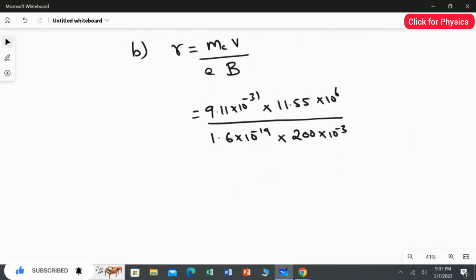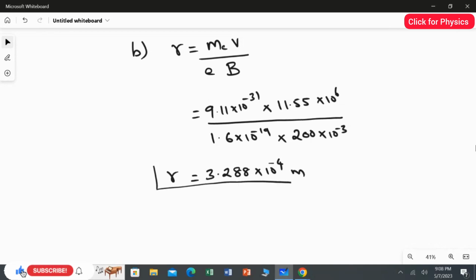Let's see what the answer for this radius is. 9.11 10 power minus 31 multiply with 11.55 10 power 6 divided by 1.6 10 power minus 19 multiply 200 10 power minus 3. Here I got the answer as 3.288 multiply 10 power minus 4, and the unit for the radius is meter. So this is the answer for the second question.